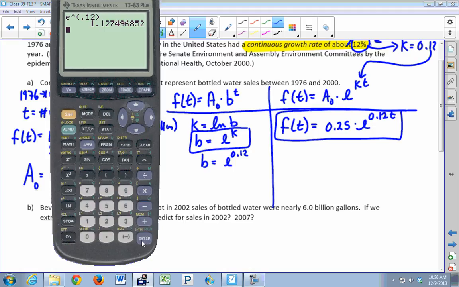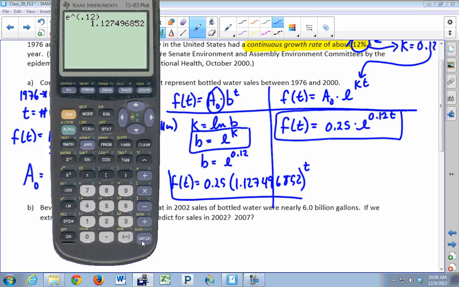I'm going to put as much of it into my model as I can so I can be as accurate as possible. A sub naught hasn't changed. It's still 250 million bottles of water. Now, my base is 1.127496852 raised to the T. So that's my second model.